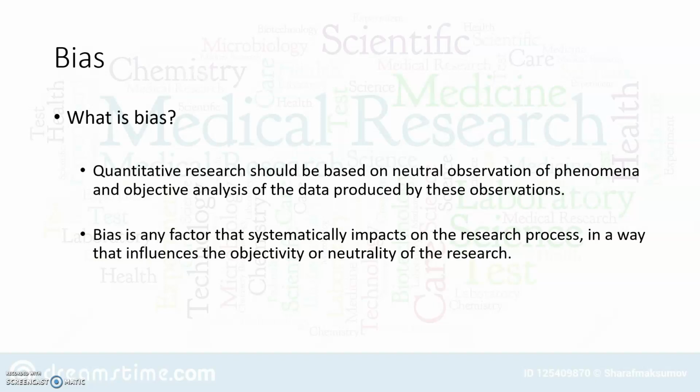So it doesn't allow for personal bias or subjectivity. And bias is any factor that systematically impacts on the research process in a way that influences the objectivity or neutrality of the research.